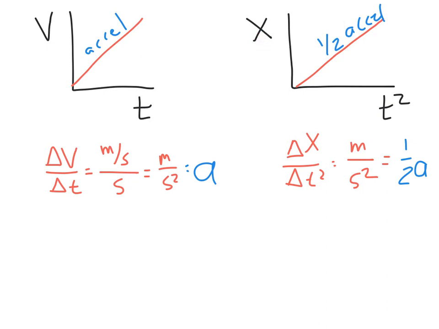So, why do we need two graphs? Why do we need two separate equations? Well, sometimes you are more interested in your final velocity, and so you're going to be looking at how this velocity compares to time, looking at this function here, Vf equals at plus v naught. Other times, you're going to be interested in how far you ended up, like what was your final position.